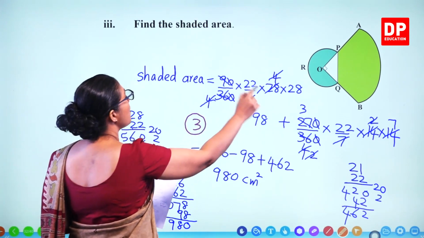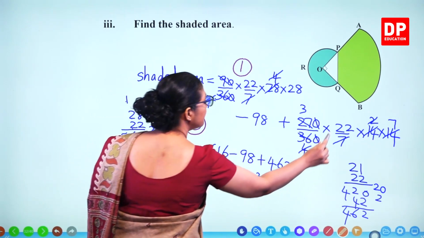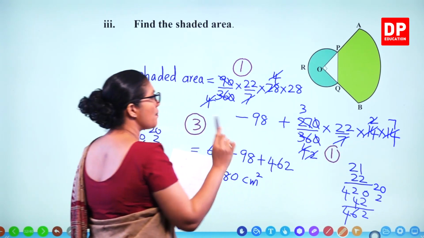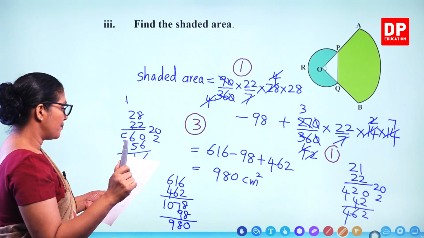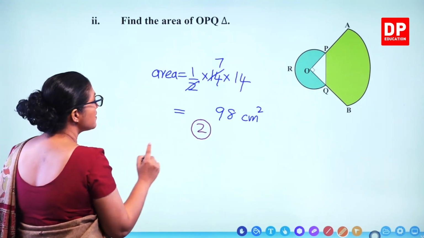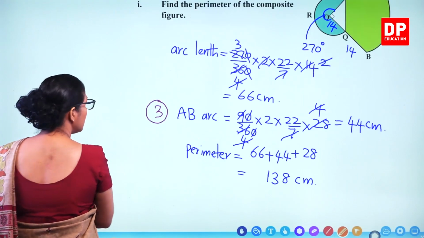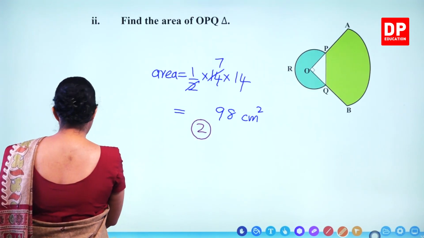So this is 1 mark and another 1 mark here for this one, separately finding the sector areas. So we'll see altogether 3, 4, 5, 6, 7, 8, 9, 10. So that question we gave 10 marks.